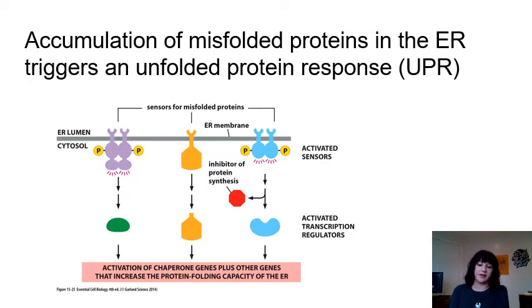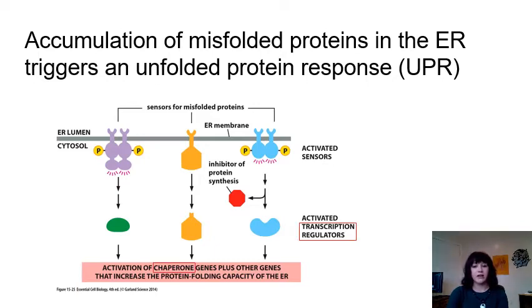Another thing you can see in this pathway is that one of the sensors, in addition to upregulating these chaperone genes, will also slow down protein synthesis, which makes sense. If the proteins that are being made are not correct in their shape, it's a good idea to say, hey, slow down, stop the presses, we've got to fix something that's not right.